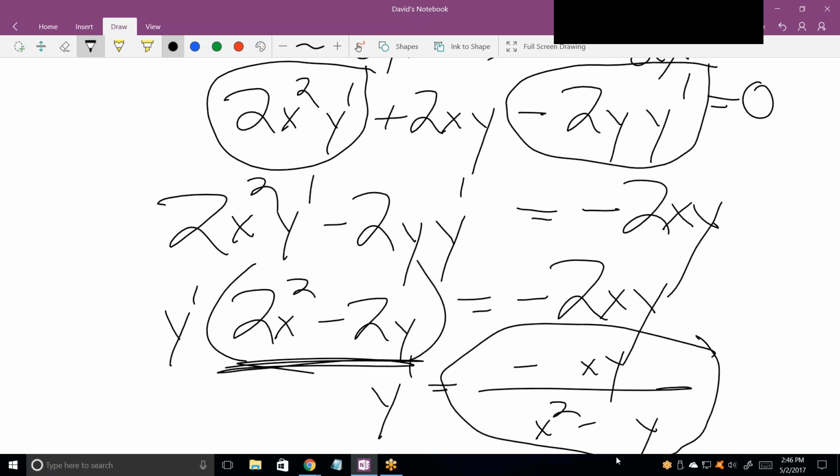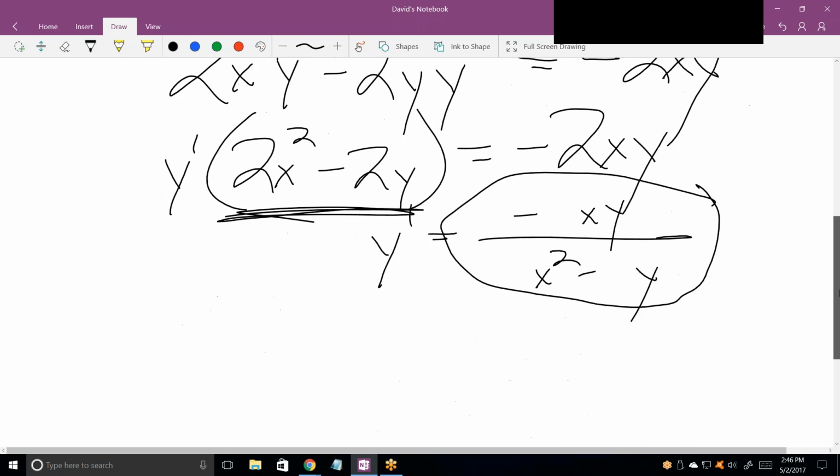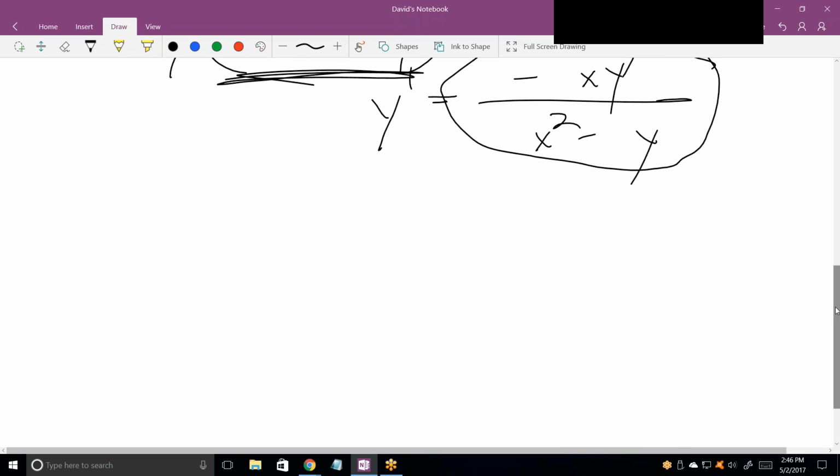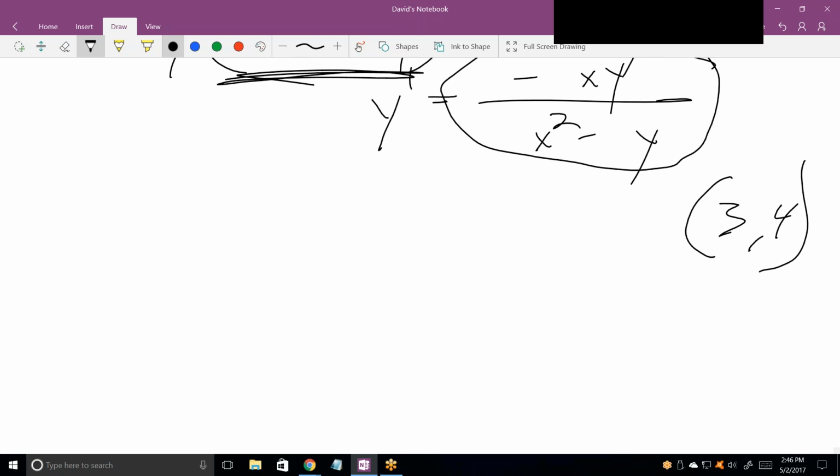And that's fine, because usually follow-up questions might be to come up with the equation of the tangent line, but they would give you the point 3 comma 4. They're not going to give you just the x coordinate. They're going to ask, what's the equation of the tangent line at 3 comma 4?